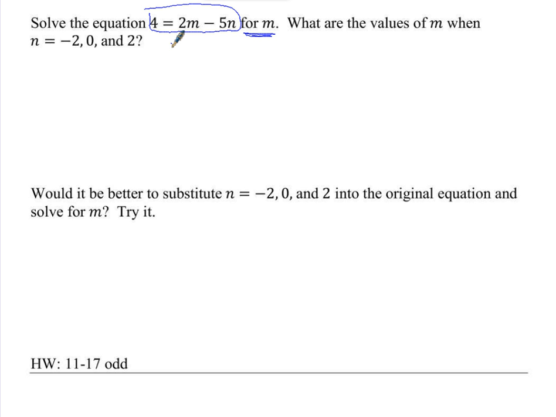Okay? So first things first. Solve this equation for m, this variable right here. What do we need to do first? Yes, we need to get the variable term that we're looking for by itself first. That means we need to undo this minus 5n. So I add 5n to both sides.